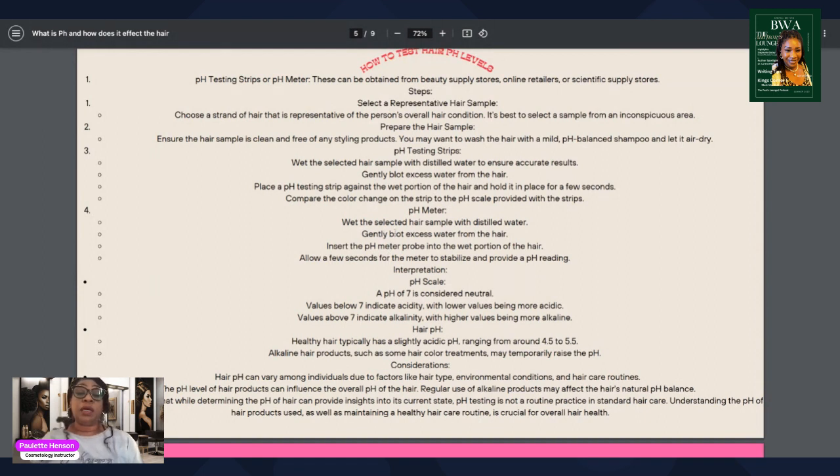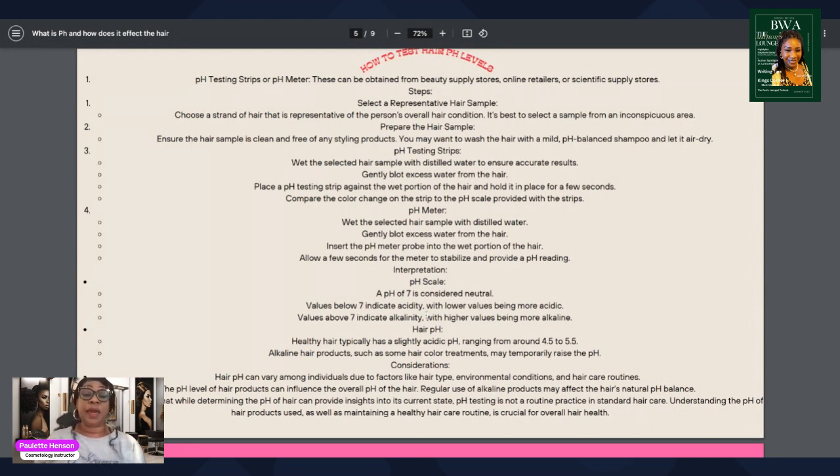Now, in the case of a pH meter, you're going to do the same. Wet the hair sample with distilled water, gently blot excess water from the hair, insert the pH meter probe into the wet portion of the hair, and allow a few seconds for the meter to stabilize and provide the reading.